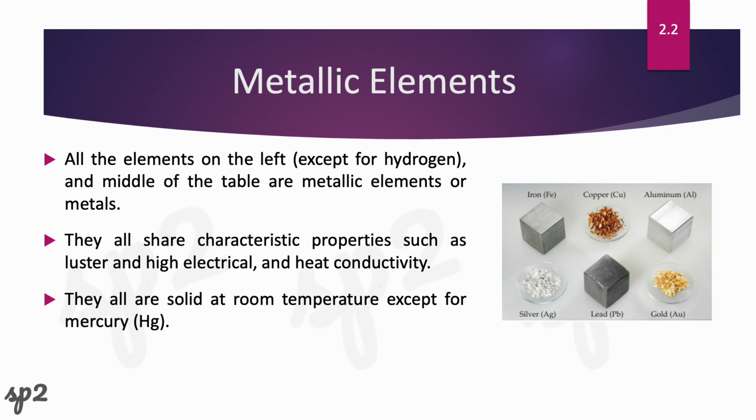Typically, they are solid at room temperature, except for mercury, which is liquid. All of these solid metals can become liquids if we heat them sufficiently, which is known as melting point. And we'll talk about melting points and many of these physical properties in our future lectures.